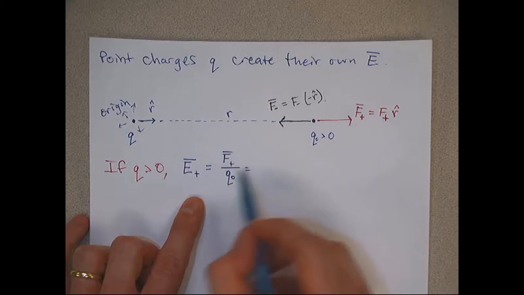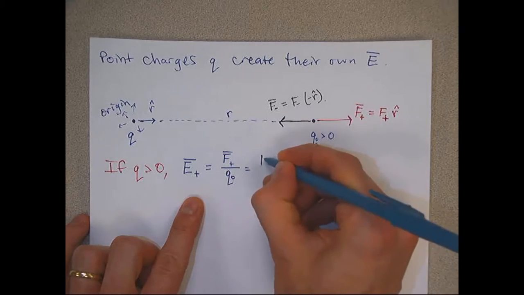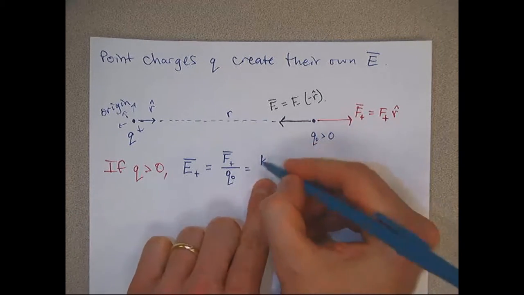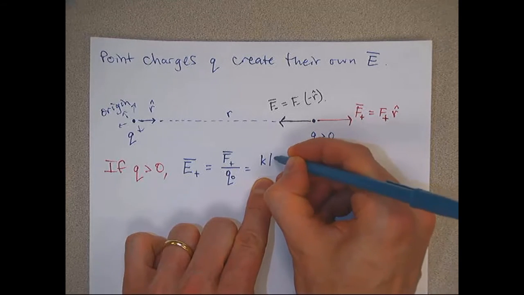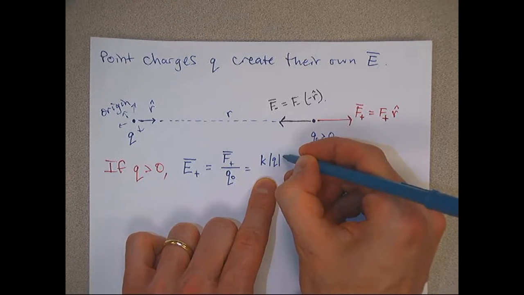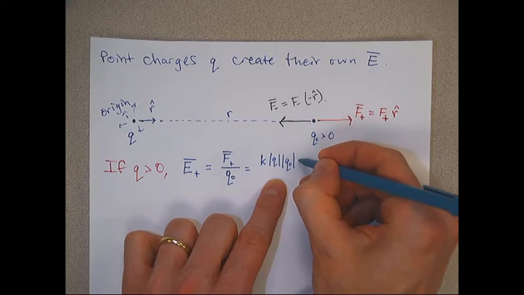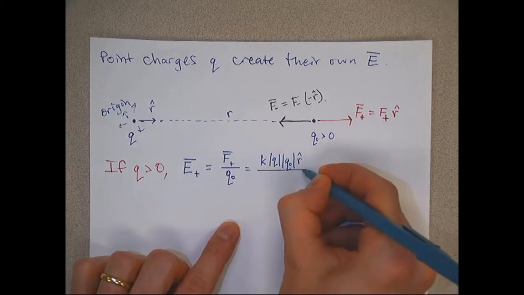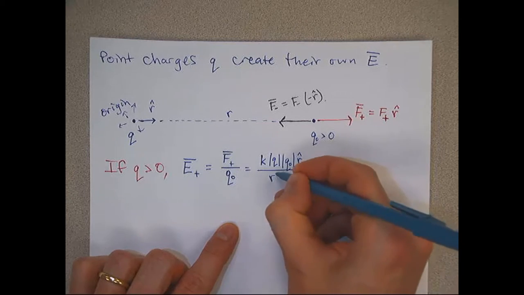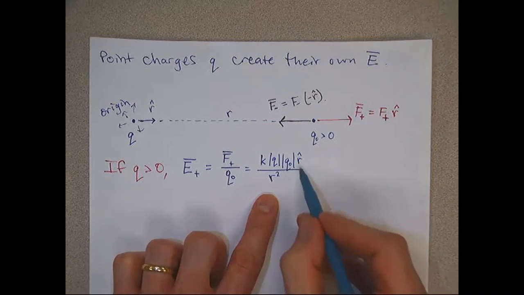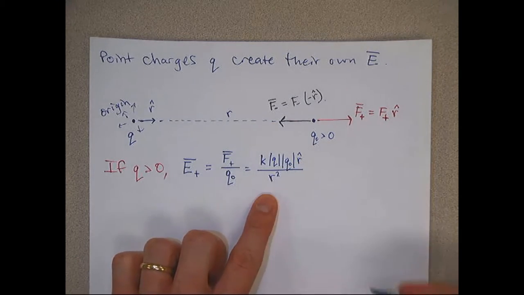Well, this is a Coulomb force. We'll take Coulomb's law for the magnitude of F plus, that's K magnitude Q times Q0, divided by r squared. It's the magnitude of the force. It points in the plus r hat direction.